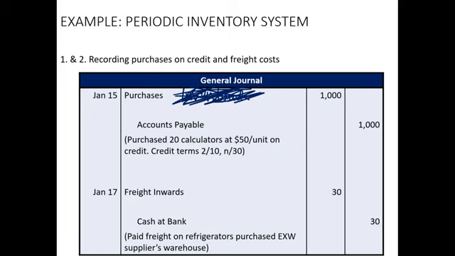Debit purchases, credit account payable. If you pay for the transportation cost, then you're going to debit freight inward, credit cash and bank.